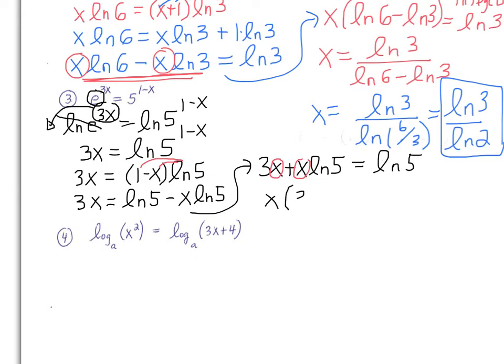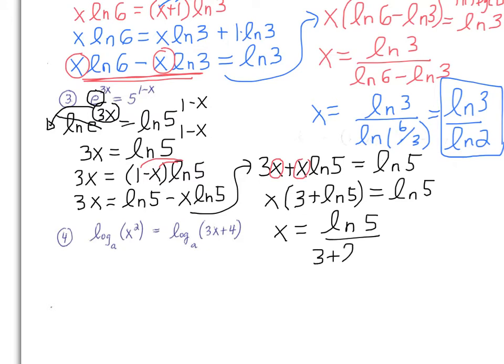If we take out an x, we're left with 3 plus ln of 5 equals ln of 5. So I went from seeing two x's to just one x in the problem. And I could now divide over that 3 plus ln of 5. Alright, now this is a nice exact solution. So again, if the question calls for a nice exact solution, we could stop there.